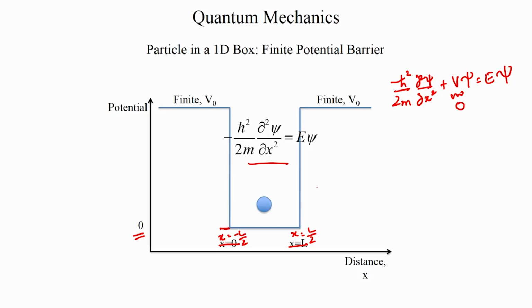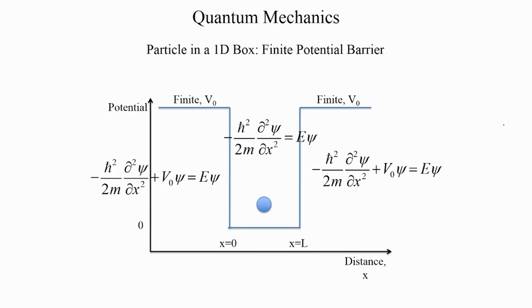Now, outside the box, in the previous case when we considered an infinitely high potential barrier, we had assumed that the wave function does not exist, and we went ahead to only solve for the wave function inside the box. But now we can write Schrodinger's equation outside the box, and instead of the potential being an arbitrary V, it is actually V naught, because that is the way we have defined our potential.